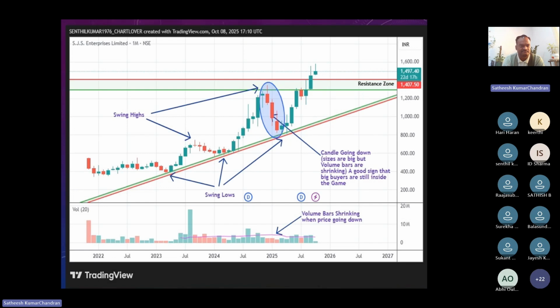This is another chart. SJS Enterprises Limited. And you see the volume was shrinking when price is going down. See here, price is going down and volume is going down. Price is going up, volume is going up.